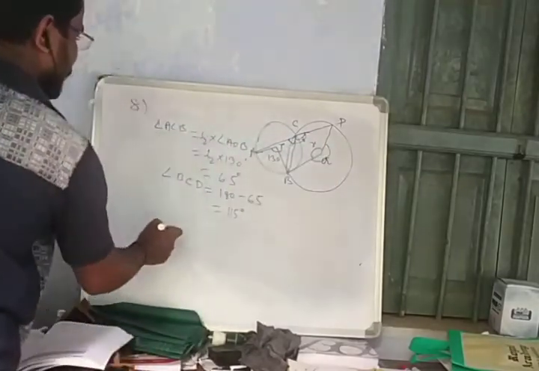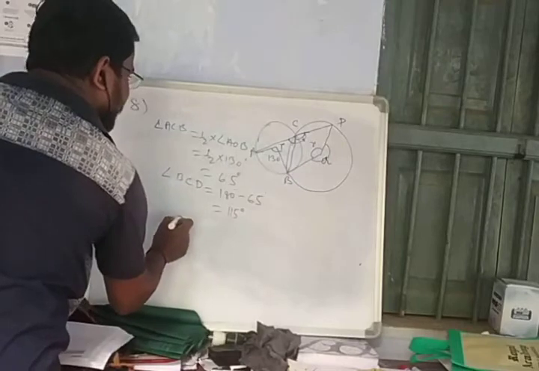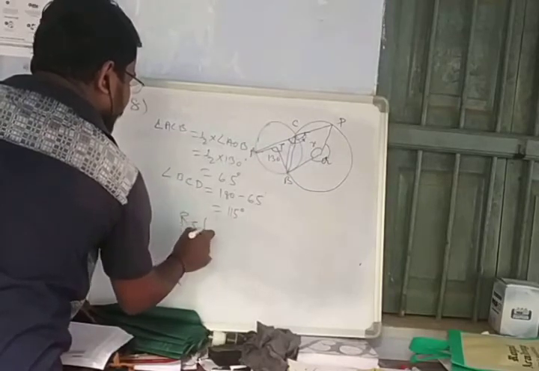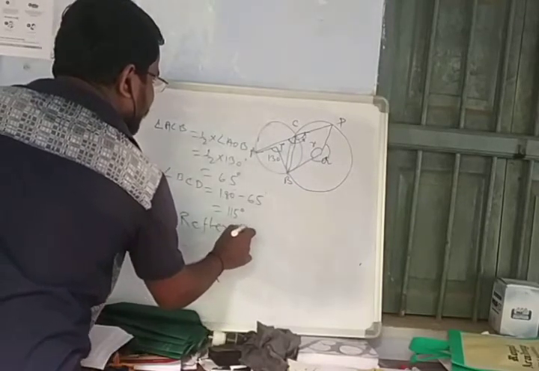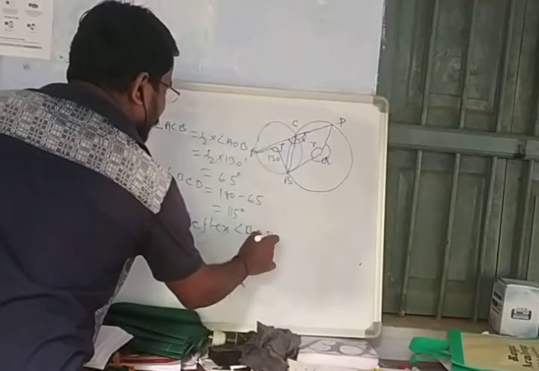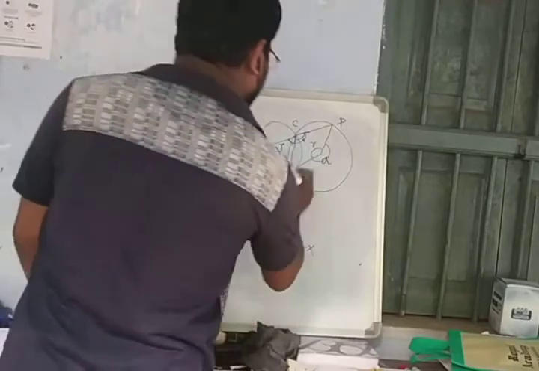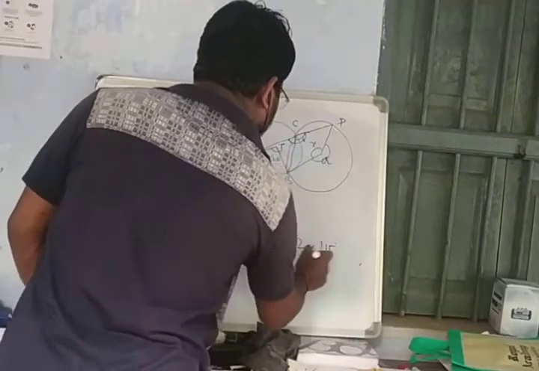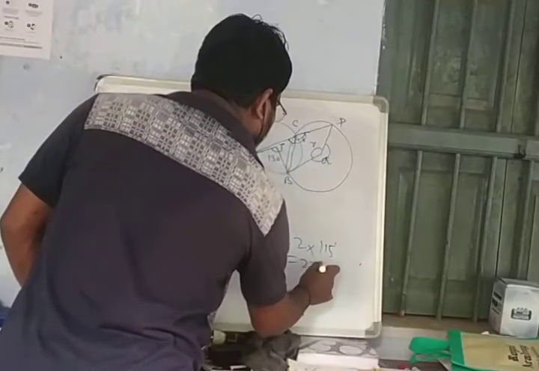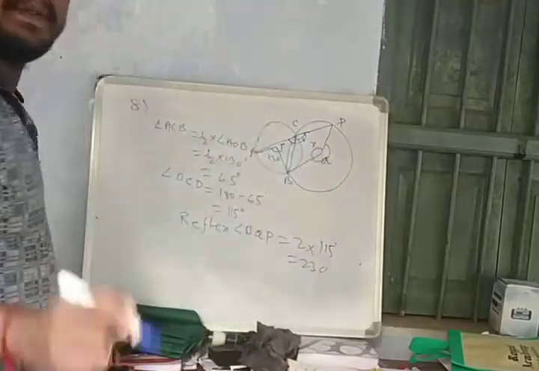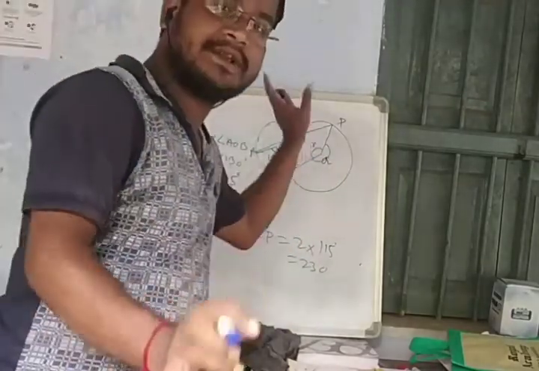Then this angle can be written as reflex BQP equals 2 into 115, that is 230 degrees. You got reflex BQP equals 230 degrees.